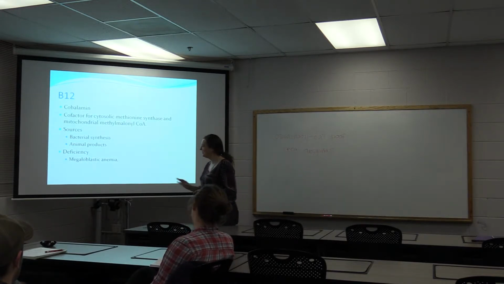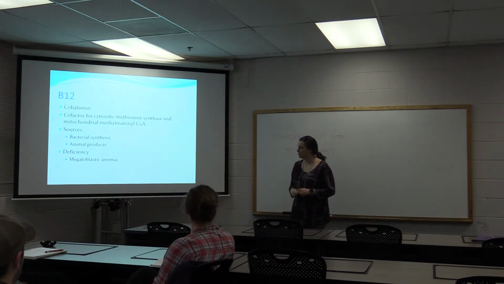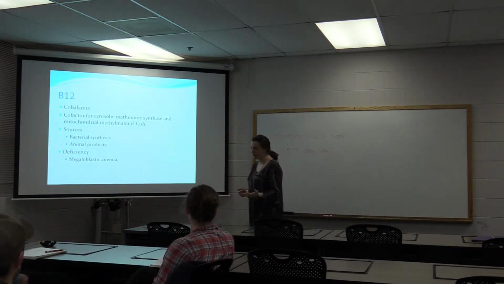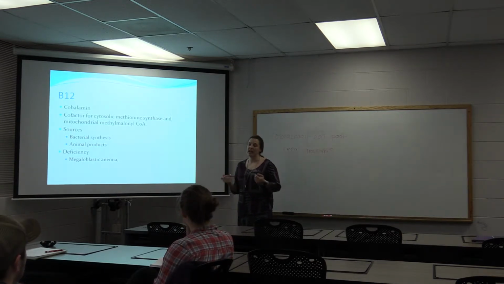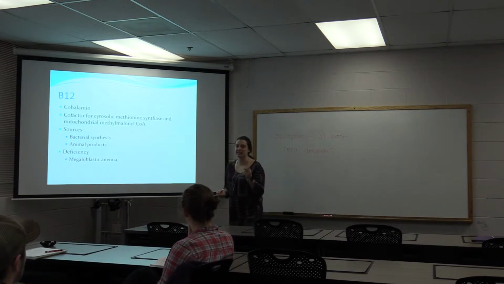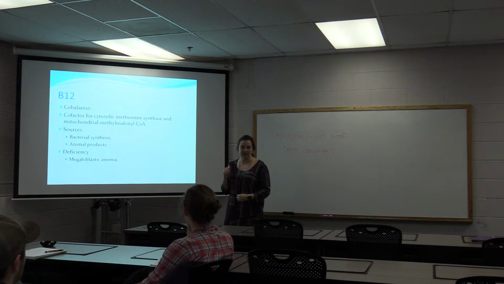So vegans are the most likely to be put in that situation. Vegetarians, because they're likely to be eating eggs and dairy, they just don't eat meat, should be getting adequate B12, because like I said, this is the lowest requirement that you need.